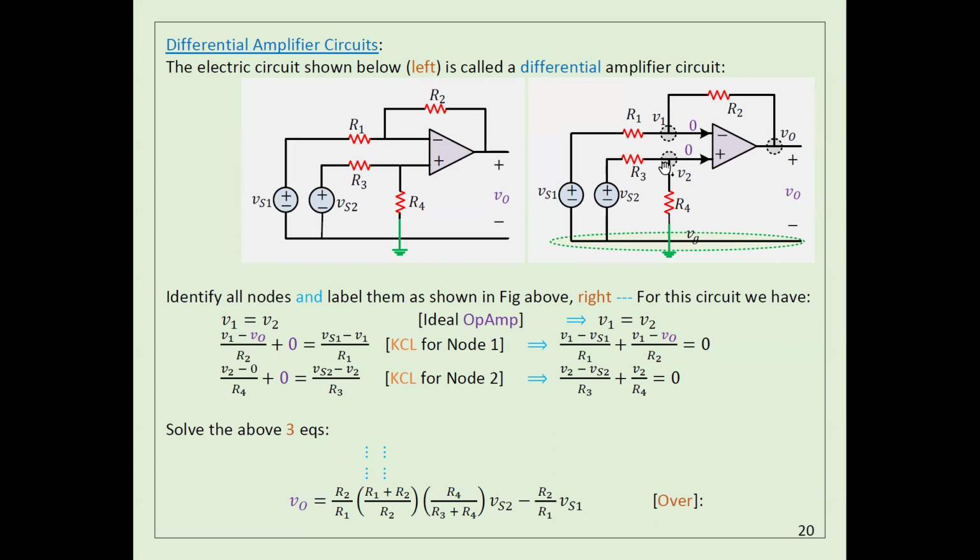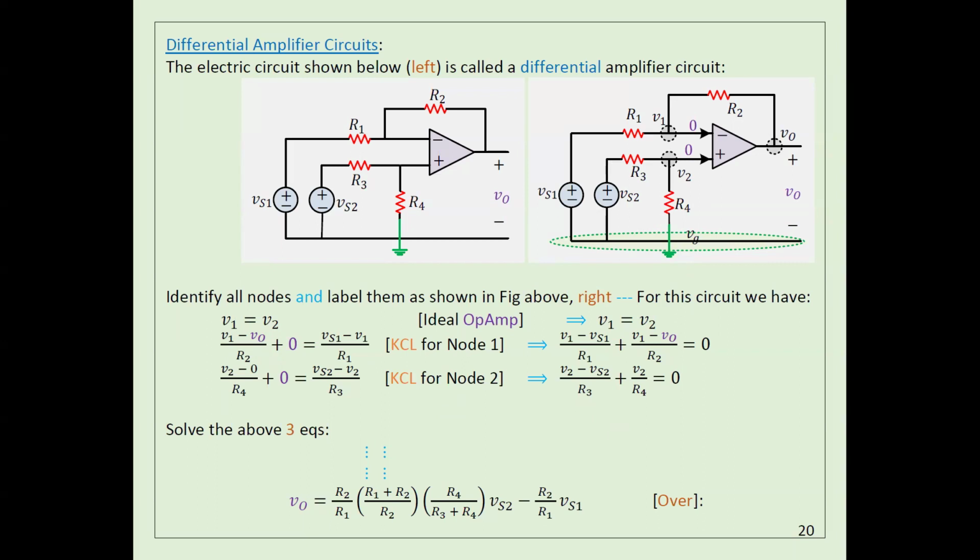You can also apply Kirchhoff's current law here, and if you do that, you get a relation between V2 and Vs2. By the way, this is one way to do it. I can also apply voltage division here, because there is no current coming this way.